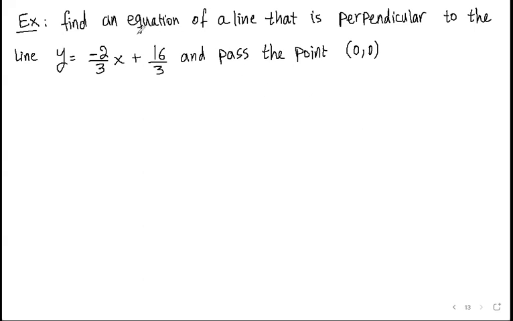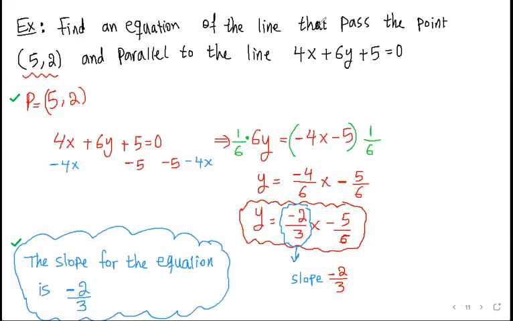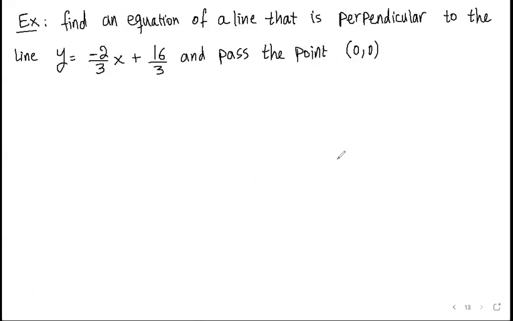So the question is, find an equation of a line. This line is perpendicular to this line, and this line passes through this point. In the previous example, the line passes through a point and is parallel to this line. Parallel means the slope of this line is exactly the slope of the line I'm looking for. But here, the line is perpendicular to this line.